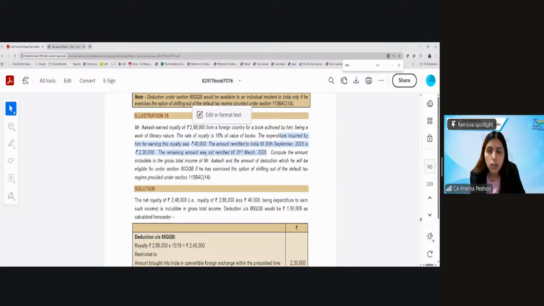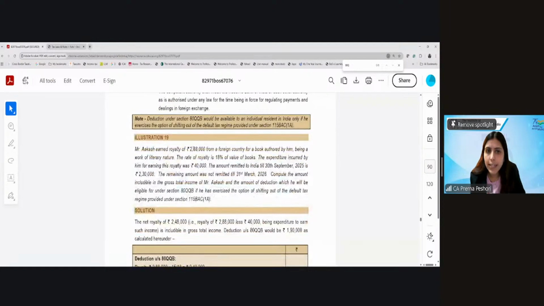Yes, Jyoti, correct. So here, how will you calculate is, see, 288 is my income from the royalty. But as you may remember, I told you that up to 15% is what is allowed as deduction. The royalty should not exceed 15% of the sale value. So here it is 18%.